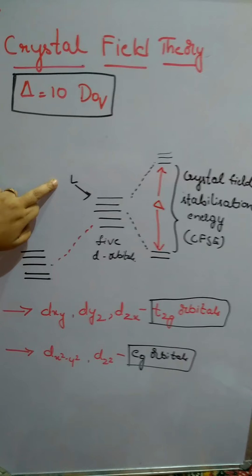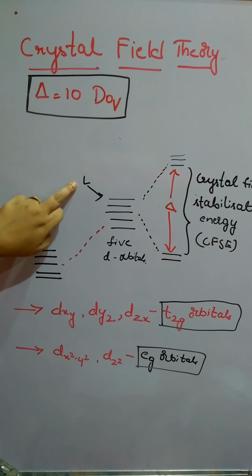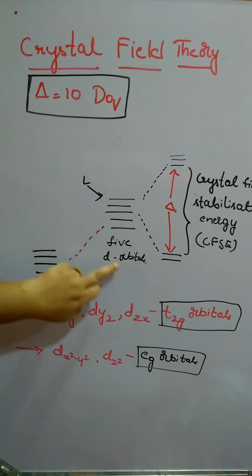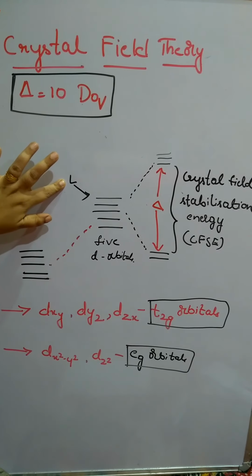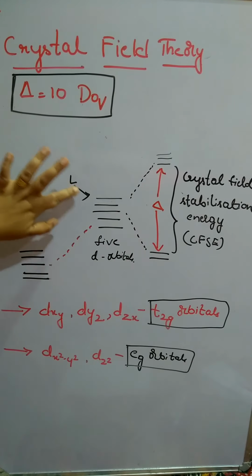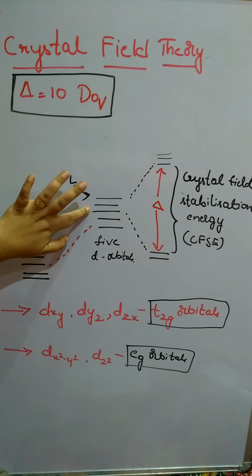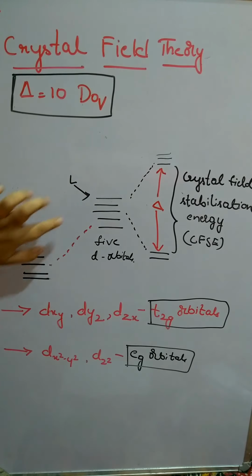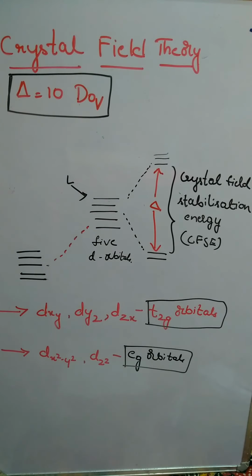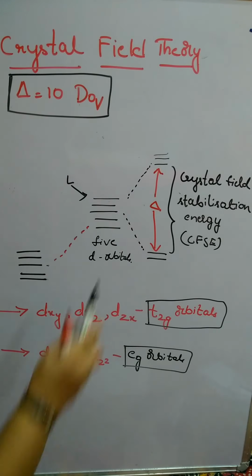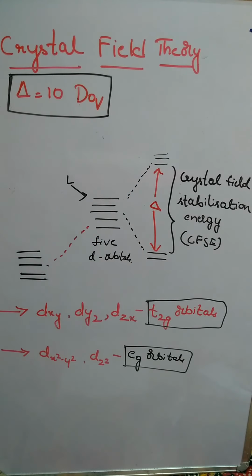If the ligand approaches the metal, and the orientation of the orbital in the ligand is similar to the orientation of the orbital in the d orbital of the metal, then those orbitals will experience more repulsion, due to which the energy is raised.